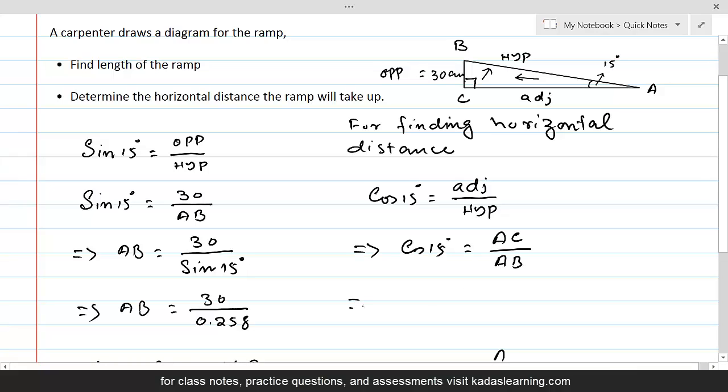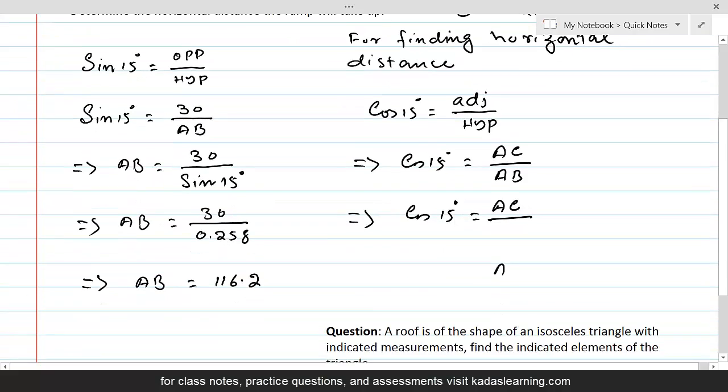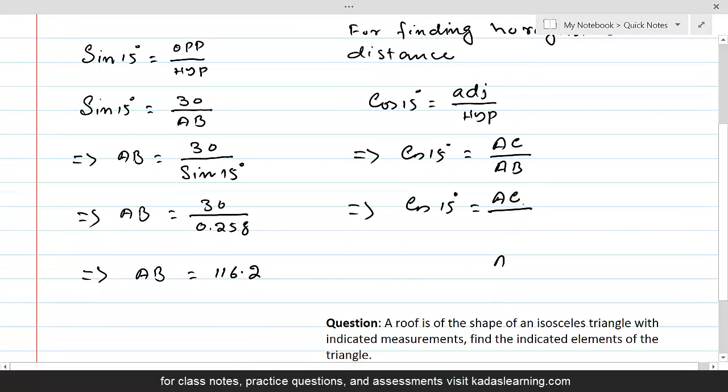And if we substitute the values, cos of 15 degrees is equal to AC, which we are interested in finding, over AB, and we just calculated the value for AB, which is 116.2.